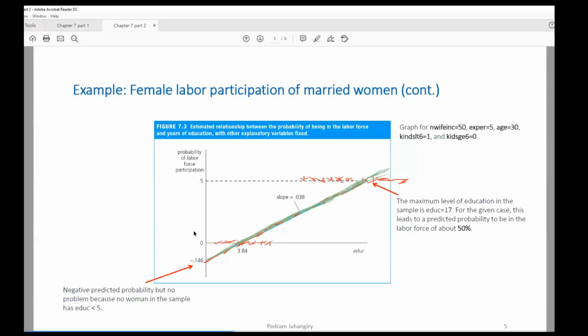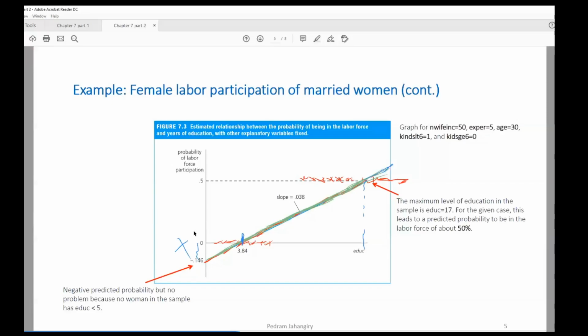What we don't like about this is that the model is saying that if education is less than 3.84 years, then the probability of that lady participating in the labor force is negative. This is nonsense. It also suggests that if education is greater than this number, the probability is going to be greater than 1. This is also nonsense.